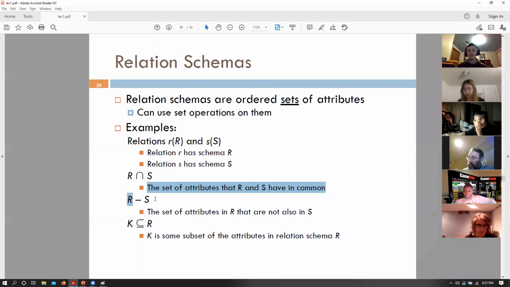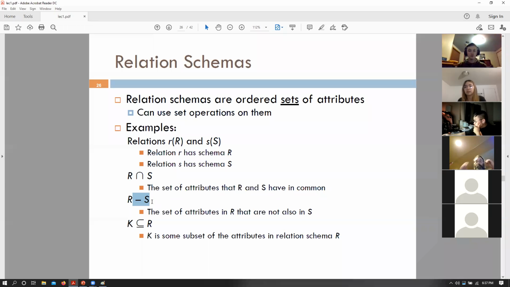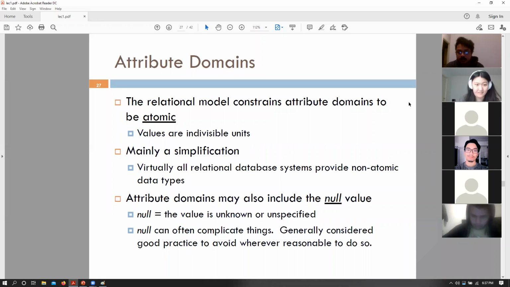So when we say R minus S, give me all the attributes that are in R but not also in S, the resultant set of attributes will also have the same order as they are in R. Right now, it might not make that much sense, but this is a really nice property to have later down the line. Okay. Any questions so far?